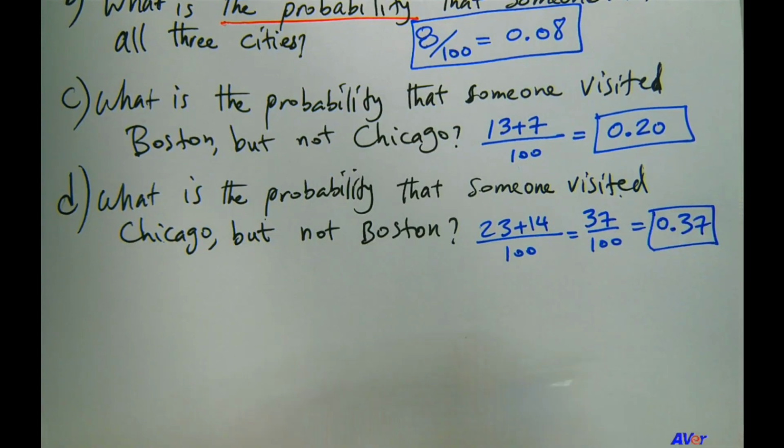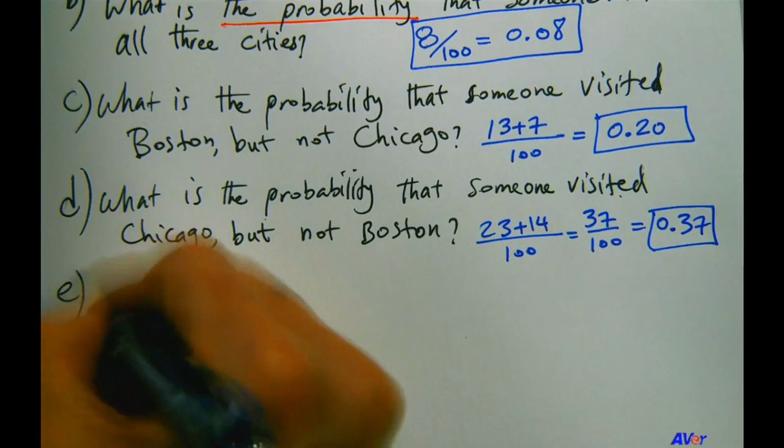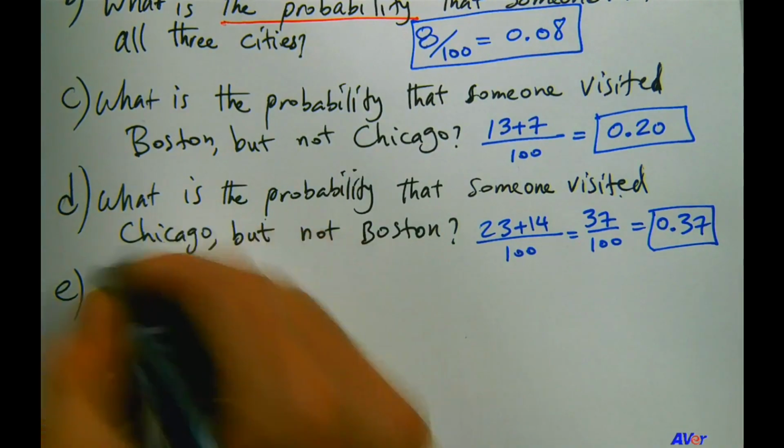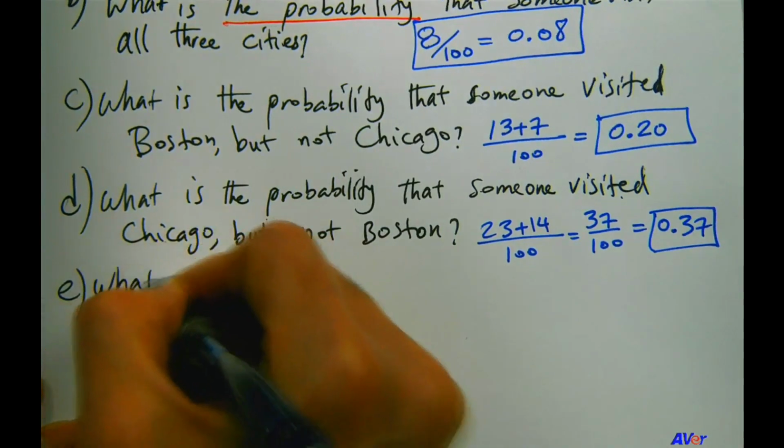Okay, part E. So far, none of these were conditional probability, right? But now, let's do a couple of examples on conditional probability.